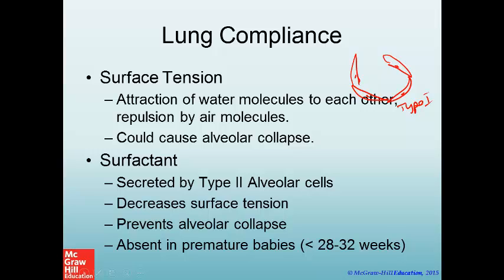Type 2 cells make and release surfactant. Surfactant is a detergent molecule. It has the same chemical structure as detergents that you will find in laundry detergent, dish soap, etc. And the purpose is to reduce the attractive forces between water molecules, to reduce the collapsing force.